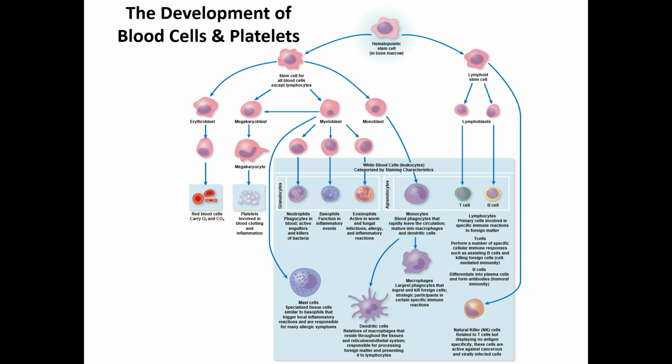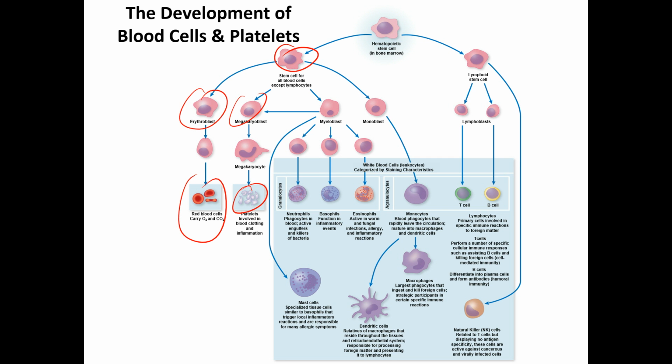All right, so these hematopoietic stem cells in the bone marrow give rise to stem cells for all other types of cells, such as your erythroblasts, which become your red blood cells. You have your megakaryoblasts, which give rise to your platelets.